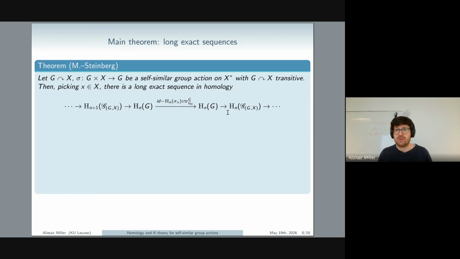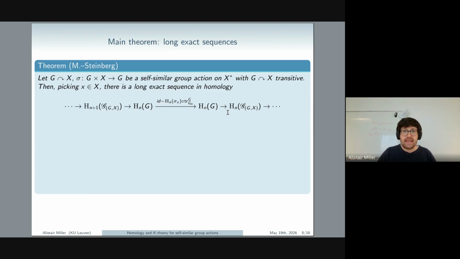And then I'm going to talk about how to apply it in this specific example of the Grigorchuk group. But in our paper, we really apply it to lots and lots of different examples. So the point is, this is really something that you can apply, and you can really compute these groups by using this theorem. I just want to show you this very special case of the Grigorchuk group as an example.